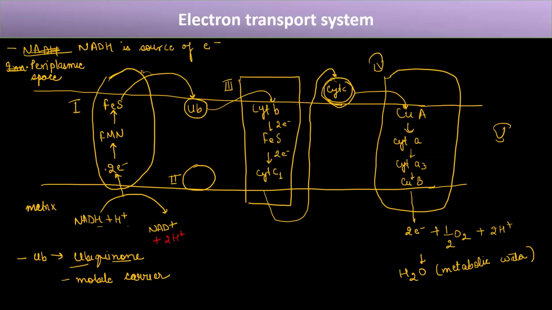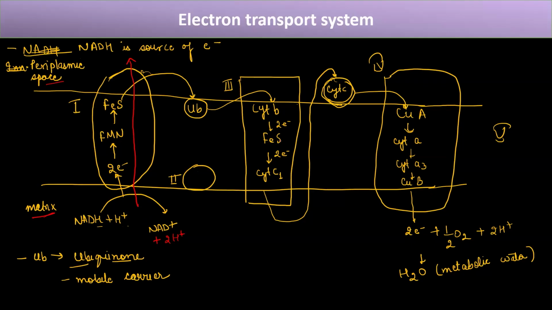If you remove the electron, the hydrogen ion will also get detached. So as the electron moves, the hydrogen ions also start moving, and they move from this matrix in this direction. So with the movement of 2 electrons, 2 hydrogen ions move from the matrix to the periplasmic or intermembranous space.